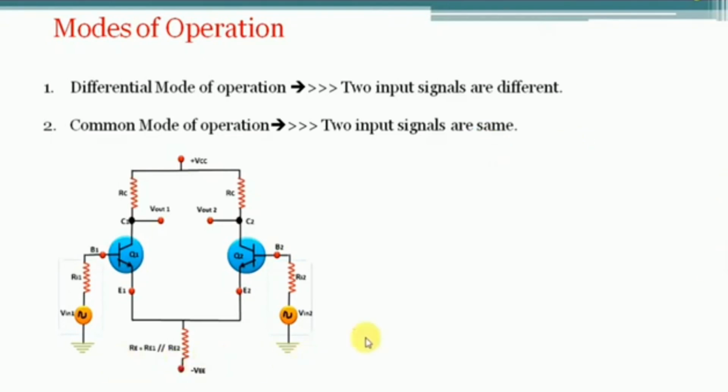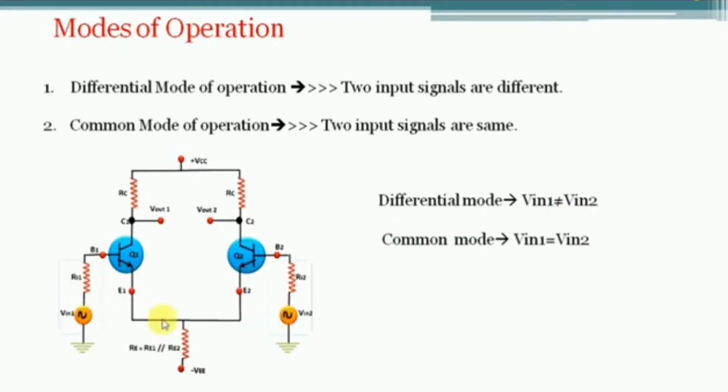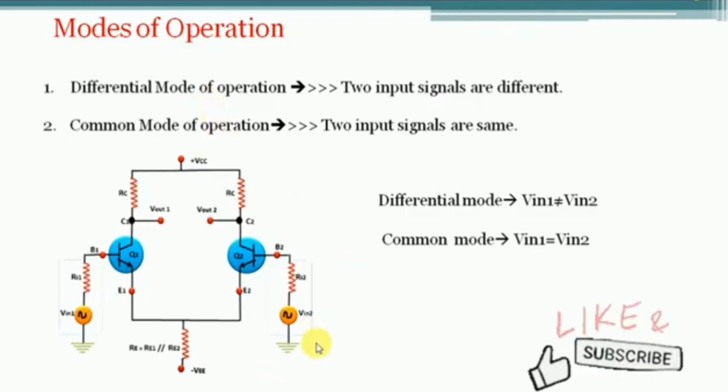So from this circuit diagram we can simply write: in differential mode the two input signals are different, that's why Vin1 is not equal to Vin2, whereas in common mode the two signals are the same, so Vin1 is equal to Vin2. Now we are going to see the circuit diagram of the differential mode and the common mode, and the explanation of each mode of operation using this differential amplifier circuit.